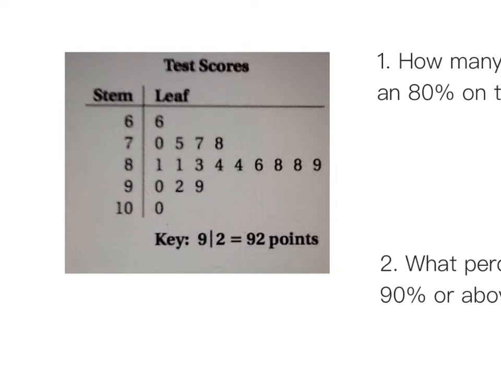If they give you test scores, maybe for a class, and they say key is 9, line 2 is 92, then 6, line 6 would be 66%, 10, line 0 would be 100%. What you may be noticing is that in all of our stem and leaf plots thus far, the leaves are all single digits, but now we're going to start having stems that go into more than one digit. That's okay, as long as it matches up with your key.